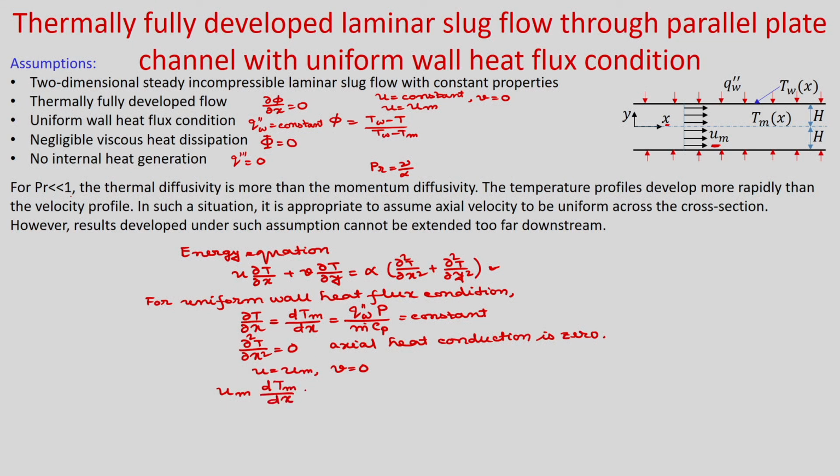Then v is 0, so this term will be 0, and del 2 T by del x square is 0. So, you will write alpha into del 2 T by del y square. So, you can write it as del 2 T by del y square is equal to u m by alpha into dTm by dx.